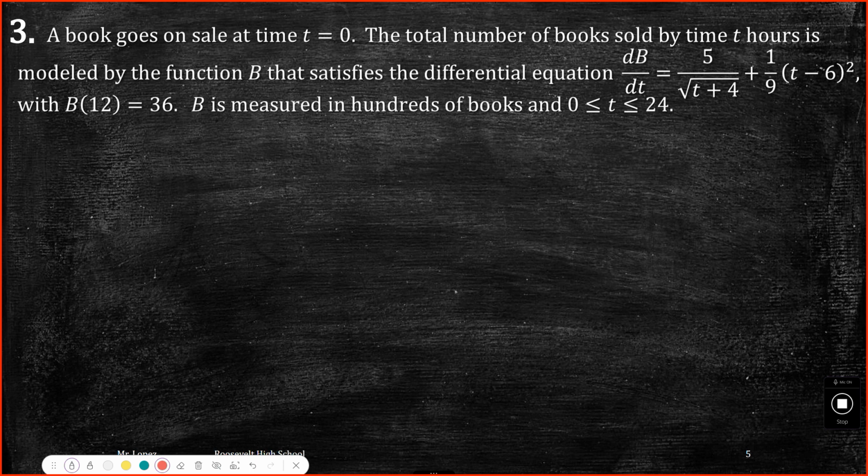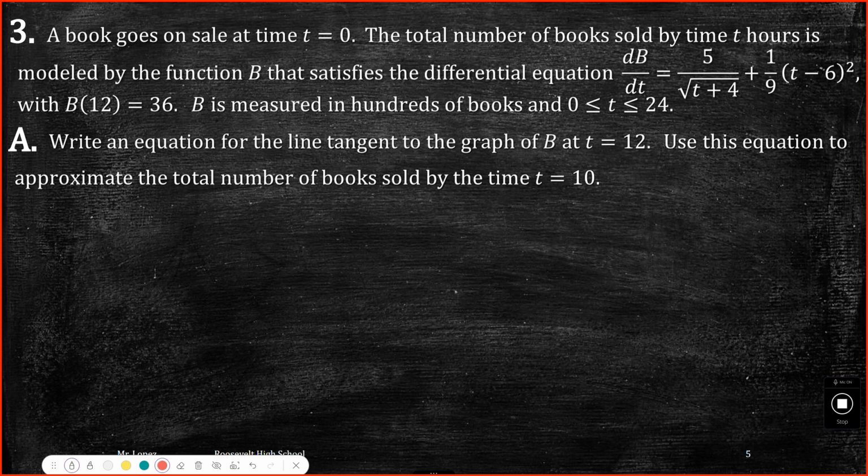Given that B of 12 equals 36, B is measured in hundreds of books, and t is greater than or equal to 0 and less than or equal to 24. Part A: Write an equation for the line tangent to the graph of B at t equal to 12. Use this equation to approximate the total number of books sold by time t equal to 10.